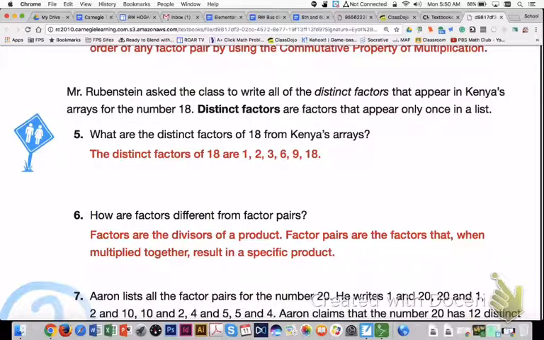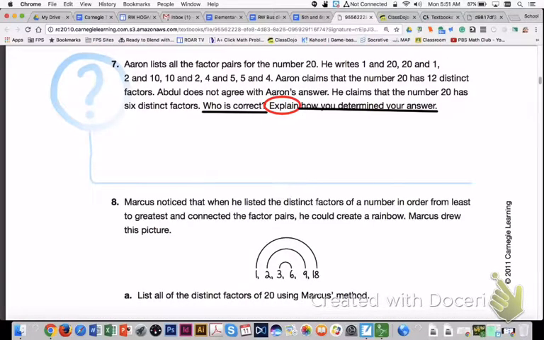For number 5, the distinct factors of 18 are 1, 2, 3, 6, 9, and 18. For number 6, factors are the divisors of a product. Factor pairs are the factors that, when multiplied together, result in a specific product. Please answer number 7 with your group.